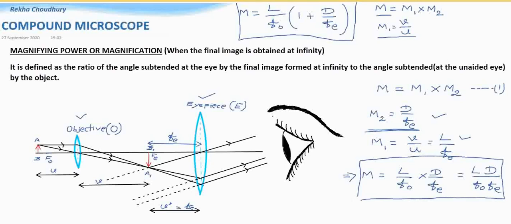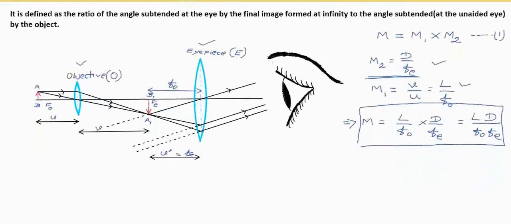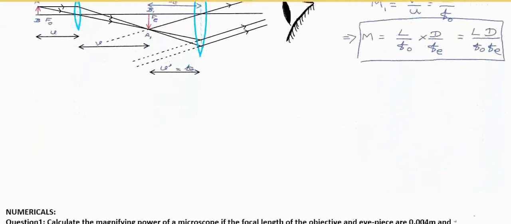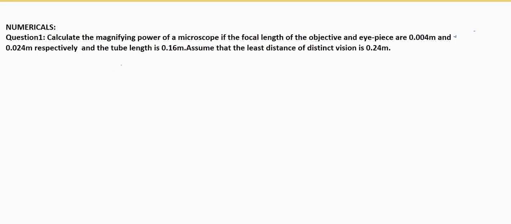Now let us solve some numericals on compound microscope. This is the first question. Calculate the magnifying power of a microscope if the focal lengths of the objective and eyepiece are 0.004 meter and 0.024 meter respectively, and the tube length is 0.16 meter.